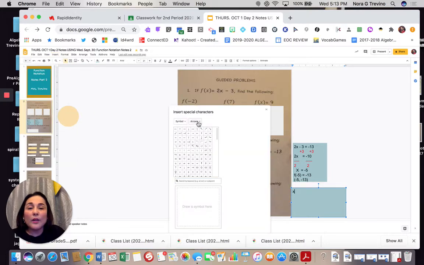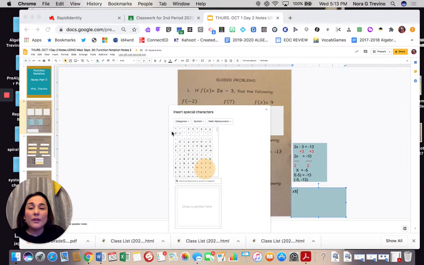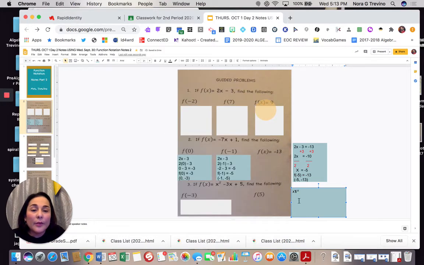I'm going to go here and change it to math alphanumeric, and it should be the first one. There it is. I don't know how that other letter appeared there, so I'll just erase it. Okay. So x squared minus 3x plus 5.